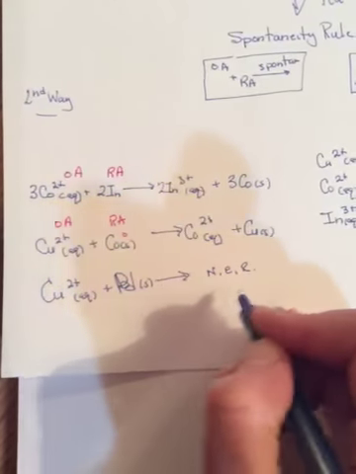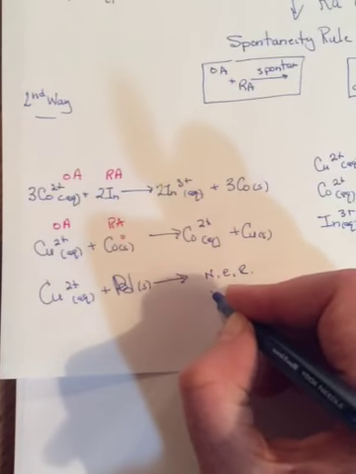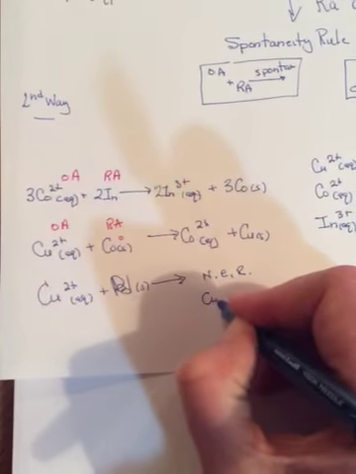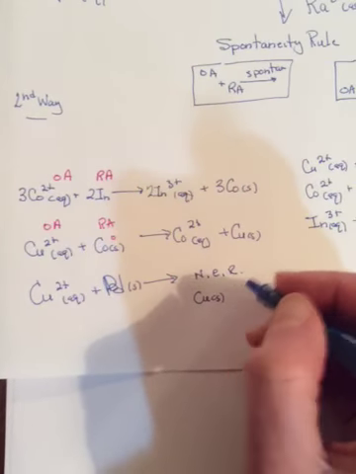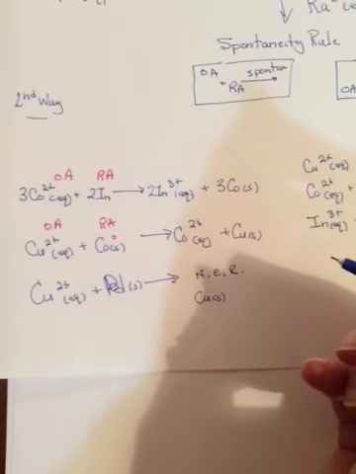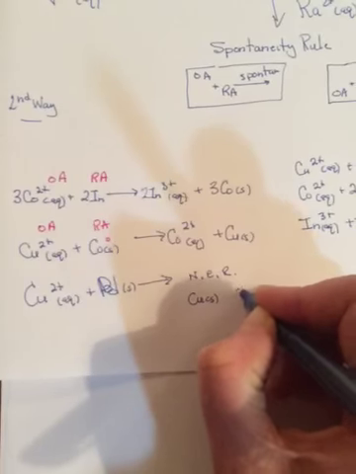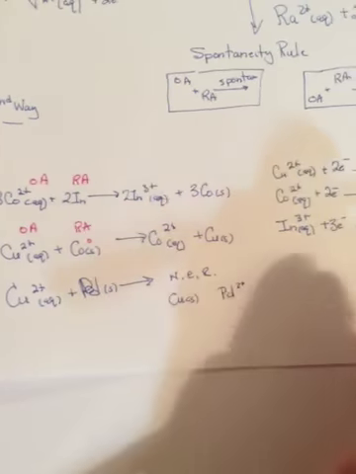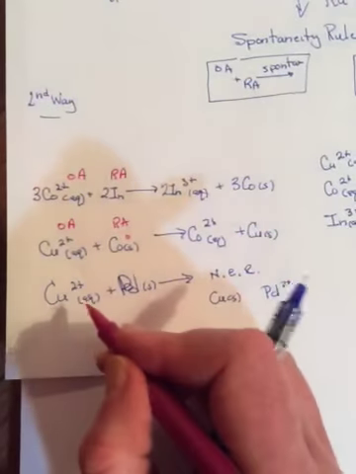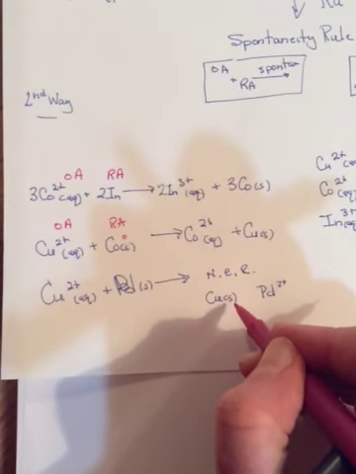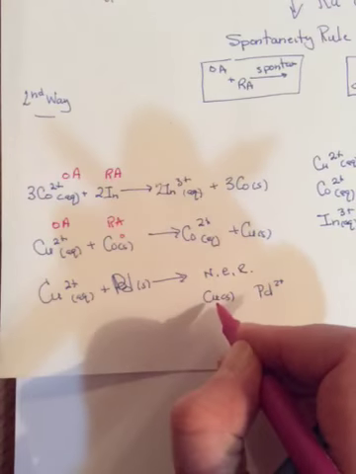It doesn't show us what it would go to, but we know that if it did react, the Cu2 positive would become copper, and the Pd would become Pd 2 positive. Sorry, I was looking on the periodic table. Pd 2 positive.